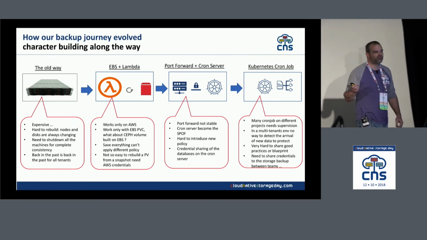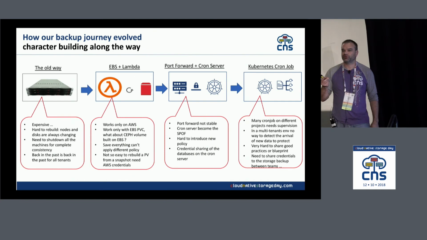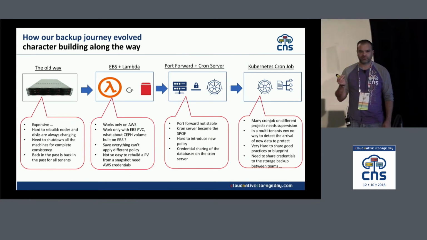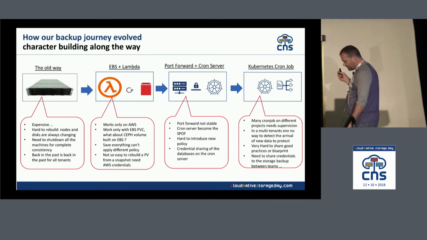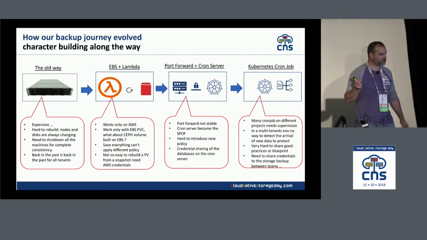So with this solution, you solve two problems. First, you don't have a single point of failure because the cron job is managed by Kubernetes. And the second thing is you don't have to share the secret between the database and the cron server because there is no more cron server. So that's cool.